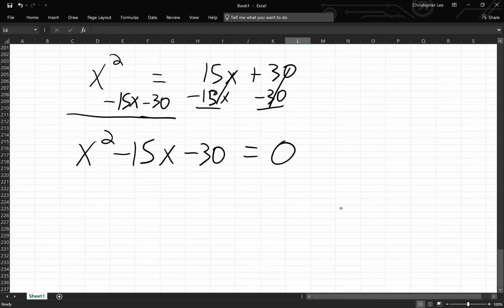So what two numbers multiply to negative 30 and add up to negative 15? 15 and 15 is 225, no. They have to add up to negative 15 and multiply to negative 30.